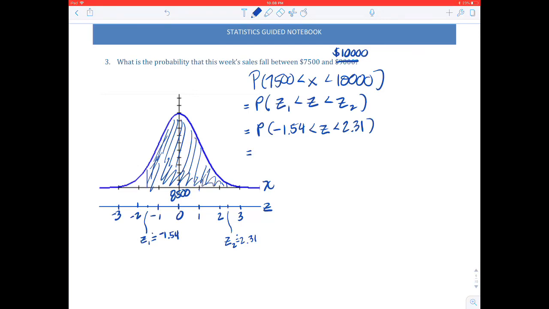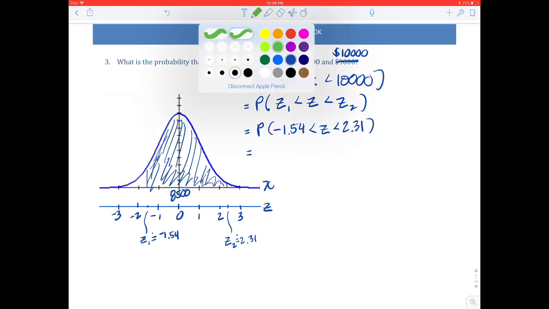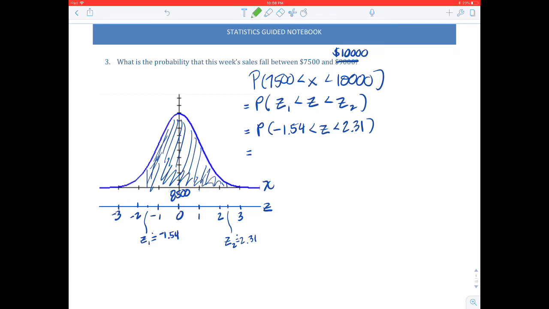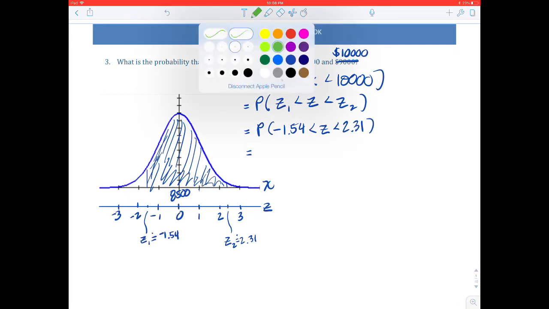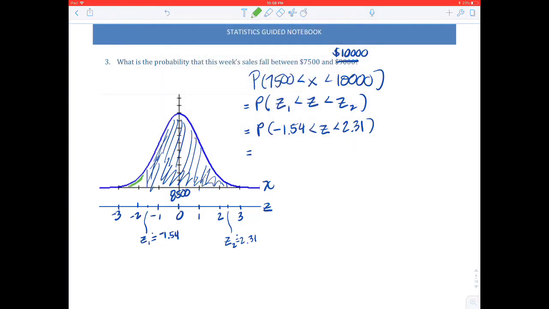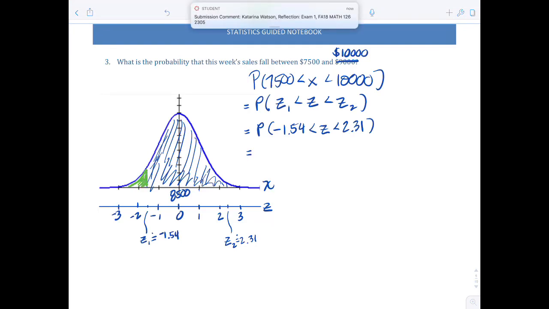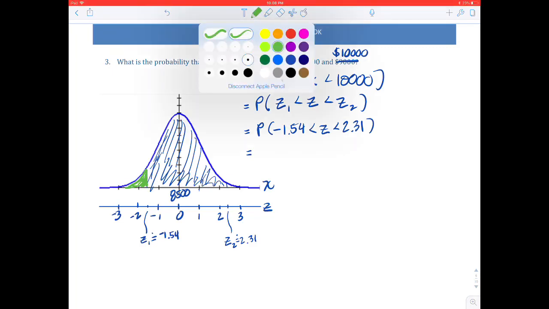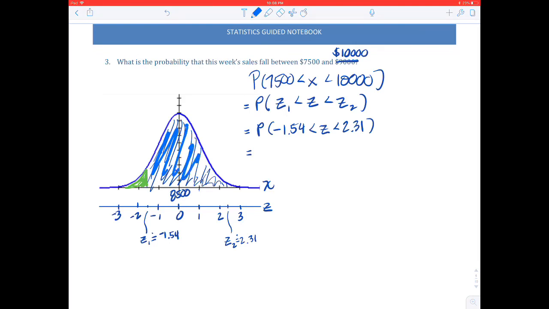But what we need to do with this is we actually need this little teeny region right here to be subtracted out from this overall region here, which would be here. So let me put the green above it. Okay, so let's do it.